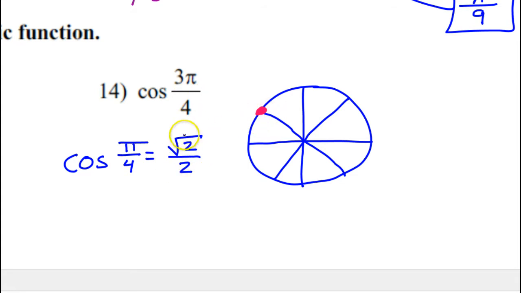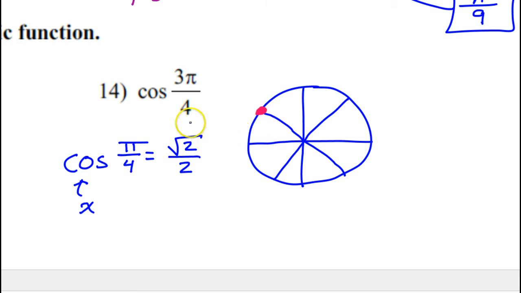To figure out whether it should be positive or negative, we just look at the quadrant. Is cosine positive or negative here in the second quadrant? Remembering that cosine is an x-coordinate on the unit circle, in the second quadrant cosine should be negative because x values are negative to the left of the y-axis.